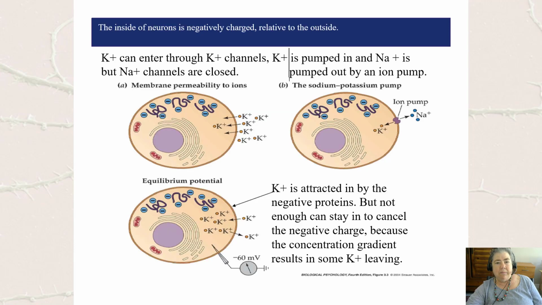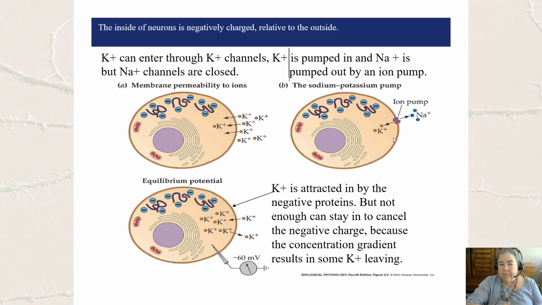When the potassium and sodium ions and the chemical gradient and the electrical gradient are in balance, we reach something called the equilibrium potential. And so you have some potassium flowing out of the cell down its concentration gradient.